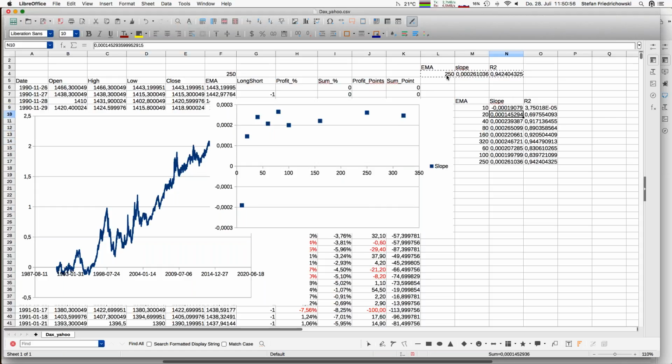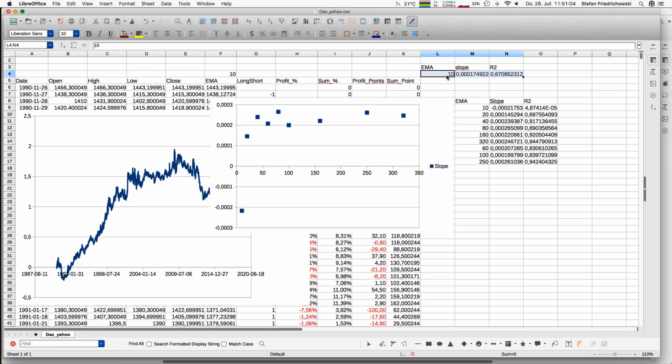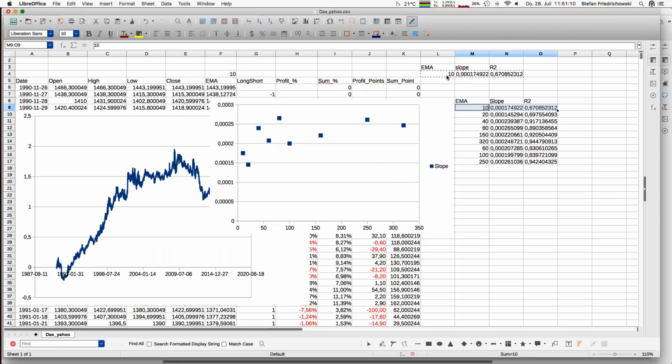And here I have a mistake as well, because the first row here is wrong. I will correct it. The difference is between copy-paste with formula or without formula. So now I have it right. So we see our maximum here.